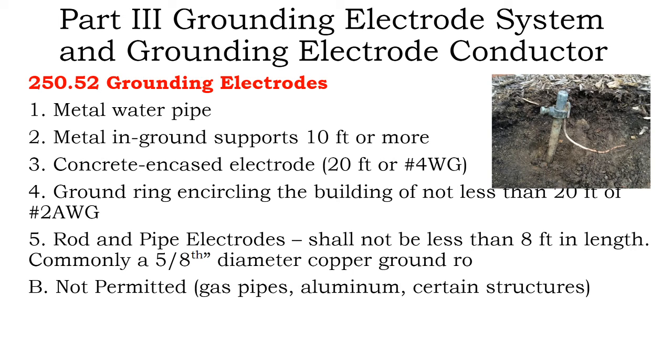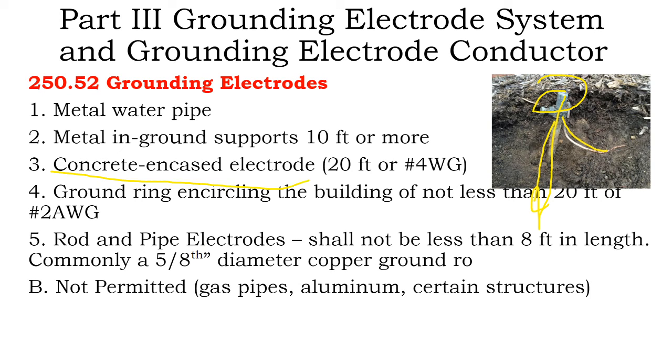The actual grounding electrodes themselves can be a ground rod or a ground plate. Generally, these are 8 feet and go all the way into the ground. You see this little clamp that connects the ground rod to it. But there are different rules based on how conductive that ground is.